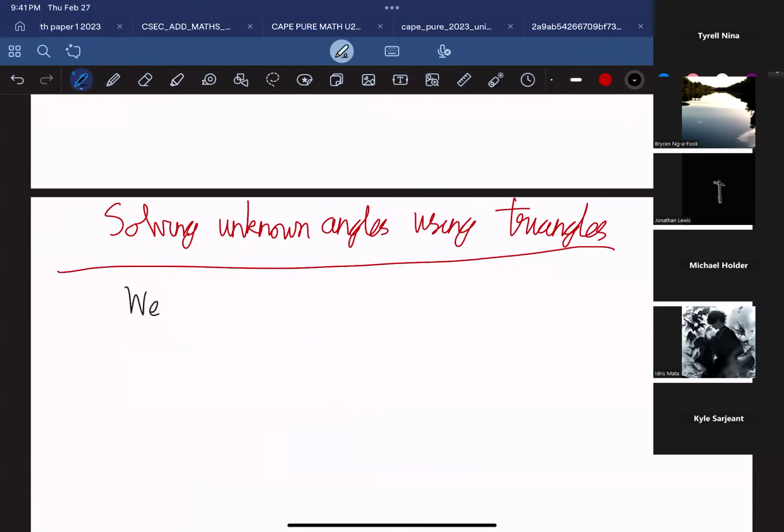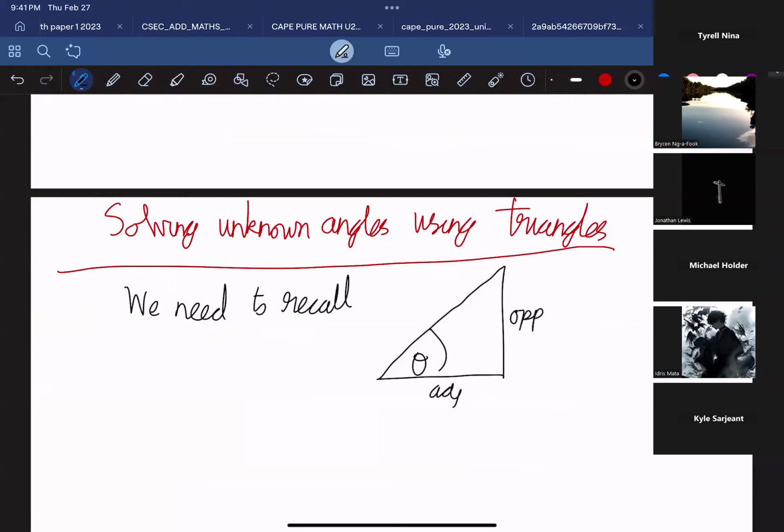We need to remember a triangle like this, with angle theta, and we have opposite, adjacent, hypotenuse.